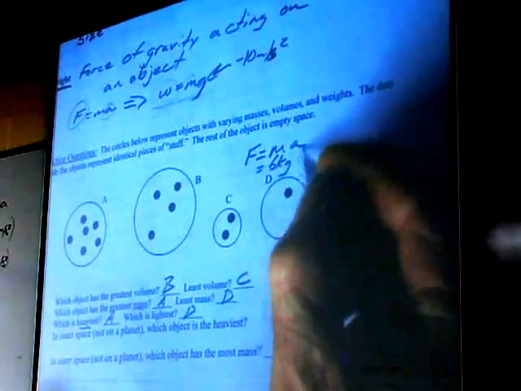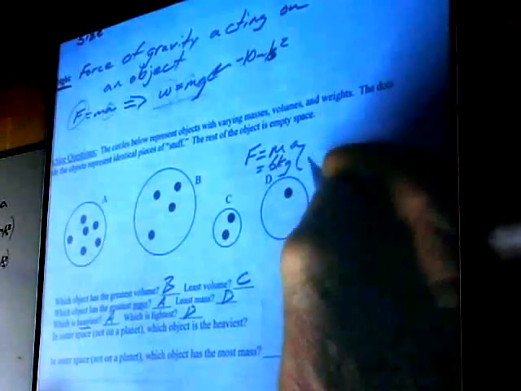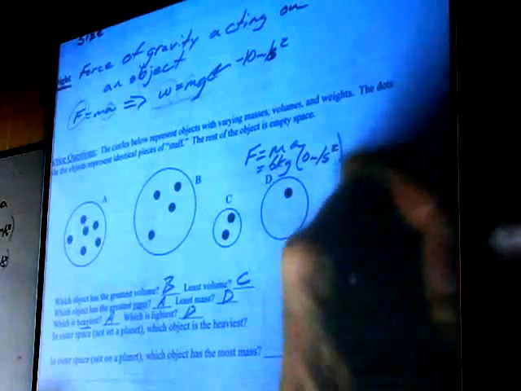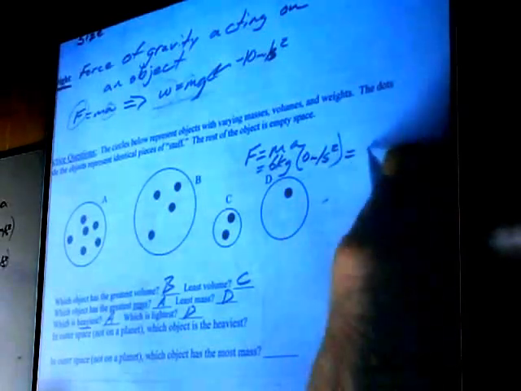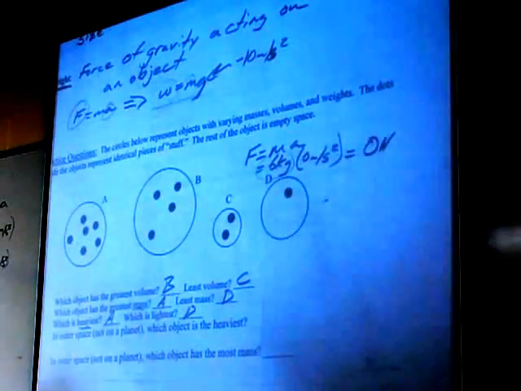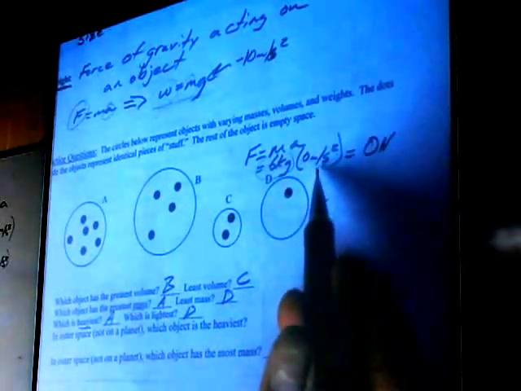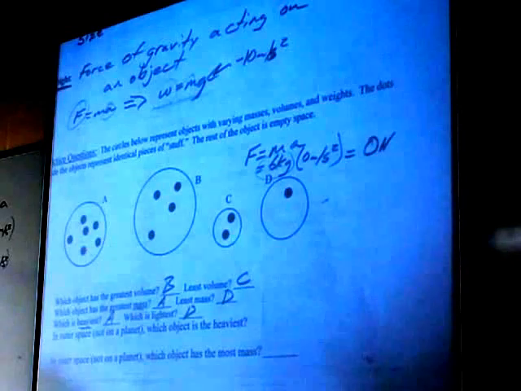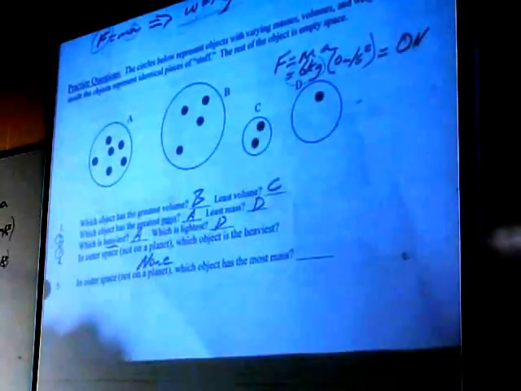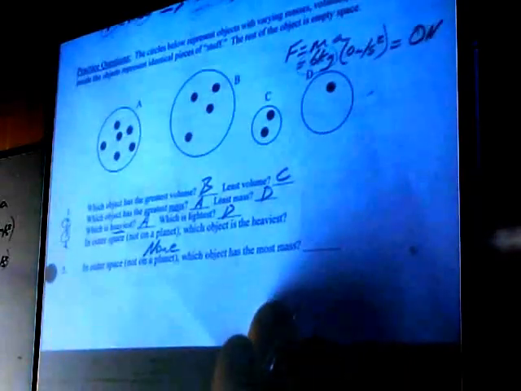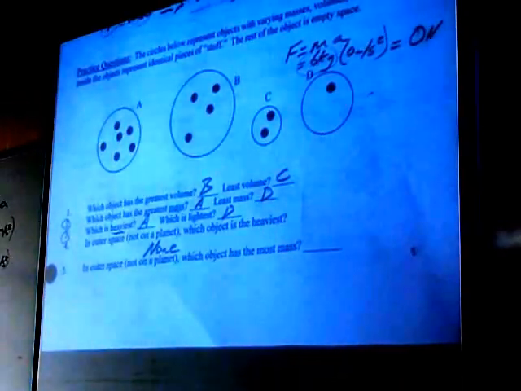What's the acceleration of gravity in space? 0 meters per second squared. So the force of gravity is going to be 0, and it's 0 for all these. It doesn't matter how much mass they have, if there's no acceleration of gravity, they're going to have 0 newtons of force. So the answer is none. Or you could say all, but none of them weigh anything.